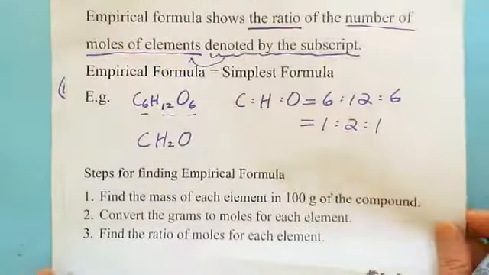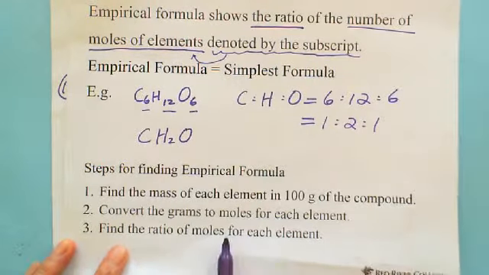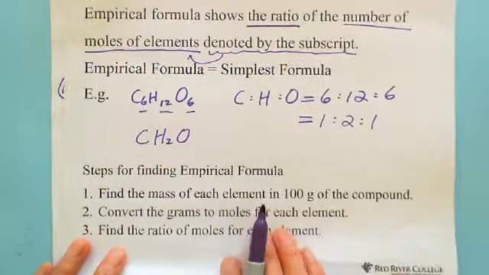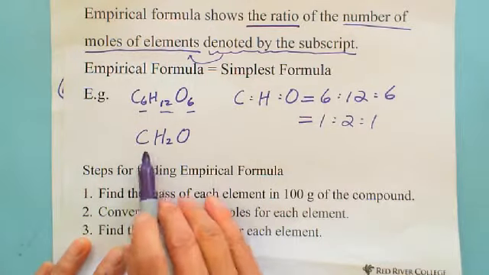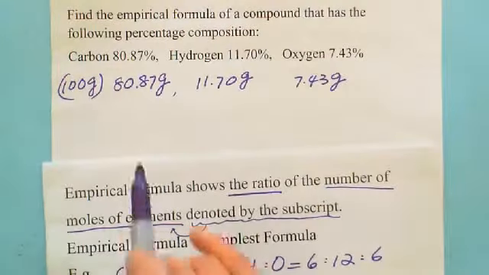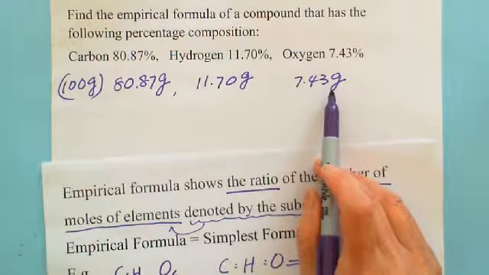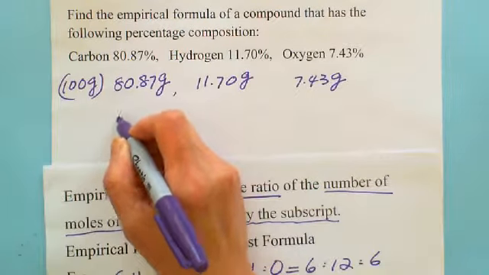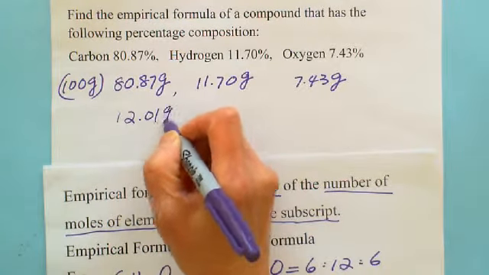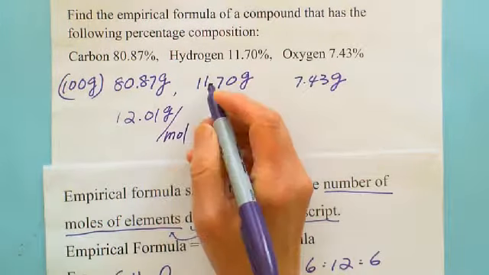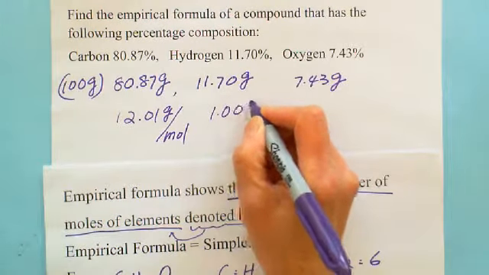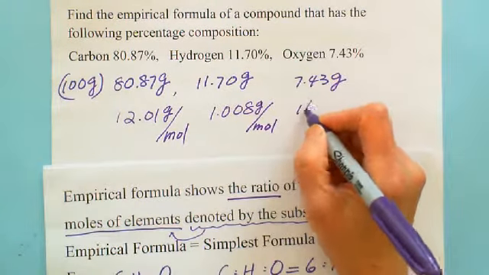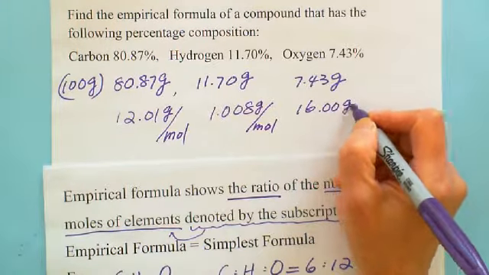And the second step, you need to convert the grams to moles for each element. Because we know this is carbon, this is hydrogen, this is oxygen, we know the molar mass for carbon is 12.01 grams per mole, hydrogen is 1.008 grams per mole, and oxygen is 16.00 grams per mole.